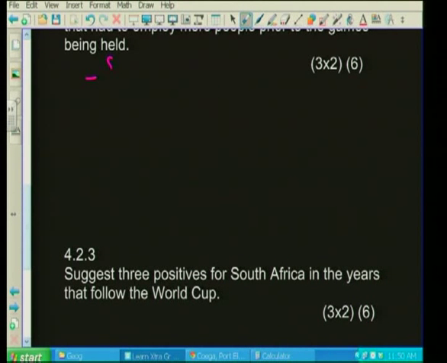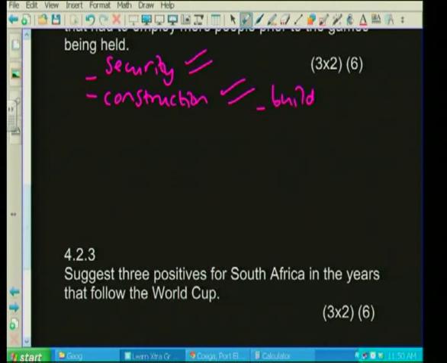So you can talk about security companies because obviously we wanted to keep all our tourists safe. Security guards, they got jobs. Secondly, construction industry employed thousands or hundreds of thousands of people because you wanted builders, right? People to build the stadium, the roads, the infrastructure, the Rea Vaya, all of those things we had to put in place to get people around.